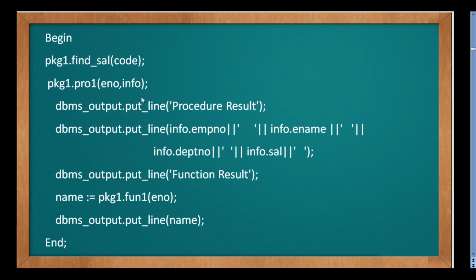I want to display the results in the main program. So info is the %rowtype record variable. That's why it keeps all the column values of one record. That's why info.emp_number, info.e_name, info.department_number, info.salary.